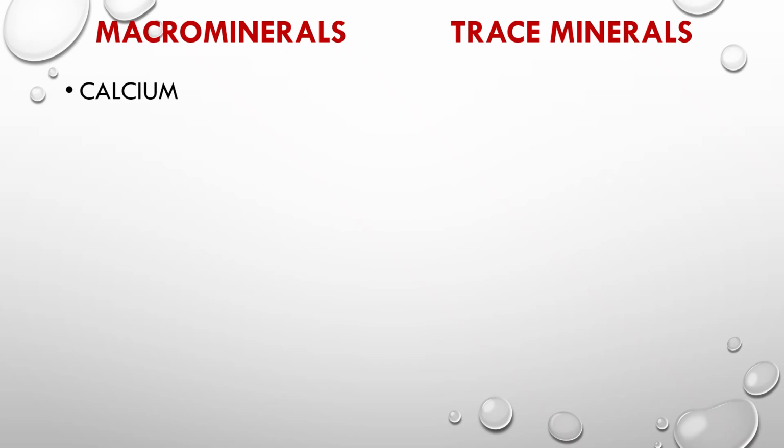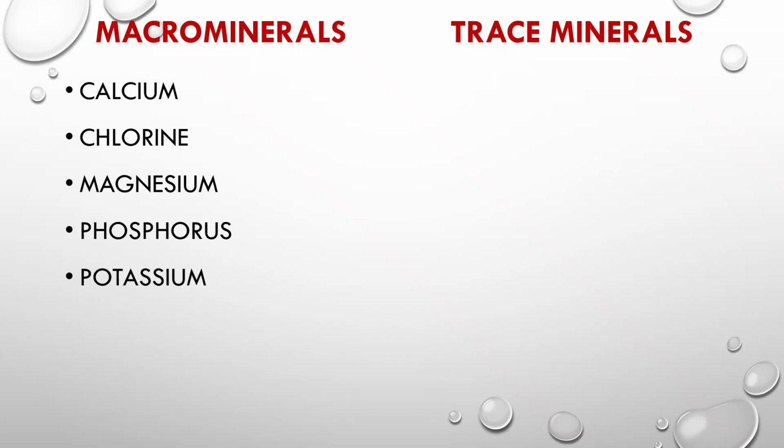So macro minerals, things like calcium, we need large amounts of calcium for good bone health. Chlorine, which we think about a pool, but we need a lot of chlorine. That's our salt, sodium chlorine. So we need that. Magnesium, phosphorus, potassium, sodium, sulfur is another example.